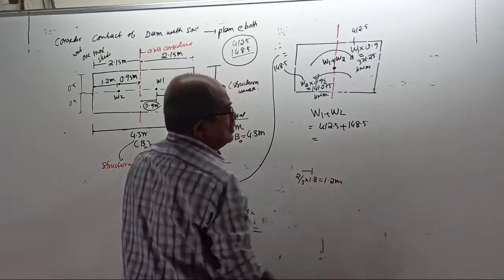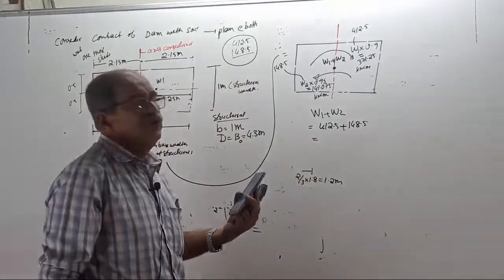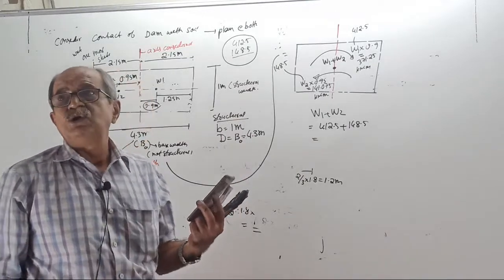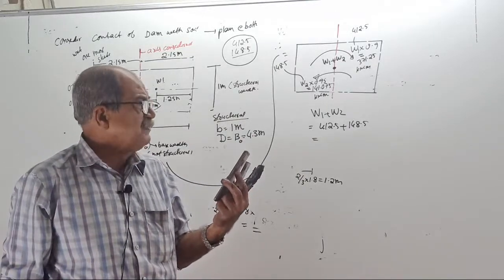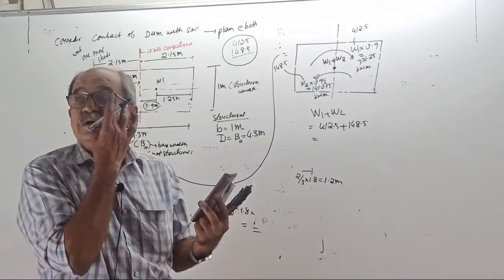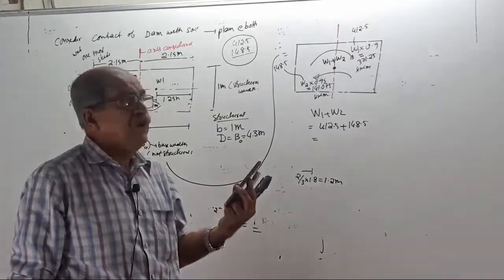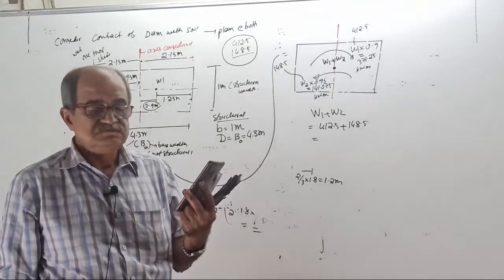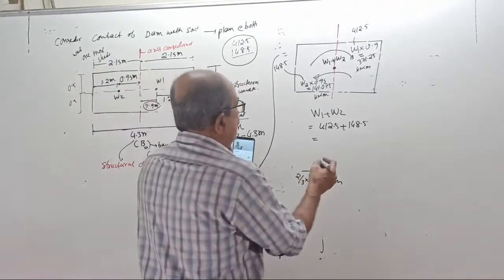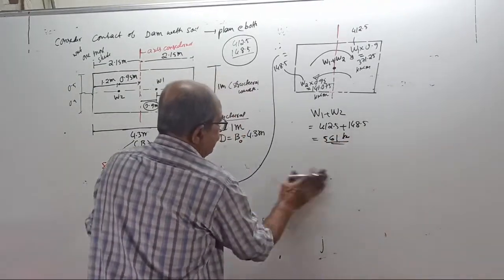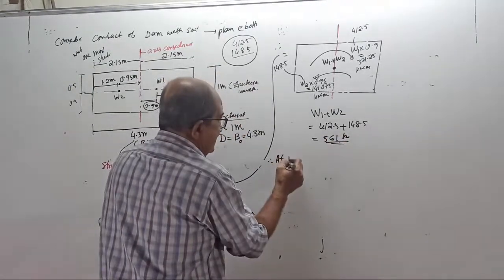Tell this answer also. How much is 412.5 plus 148.5? 561 kilonewton.